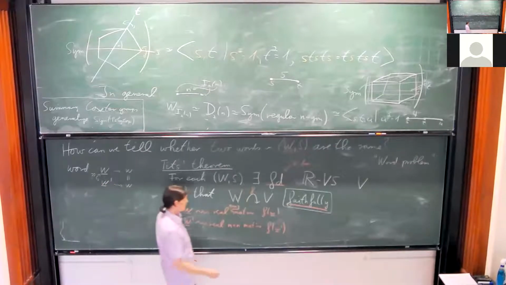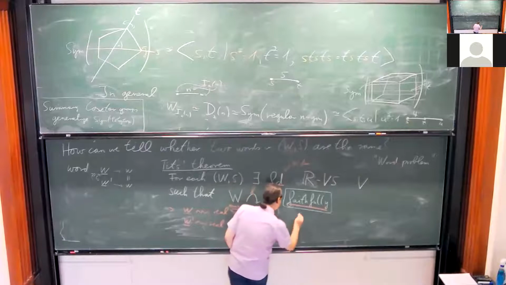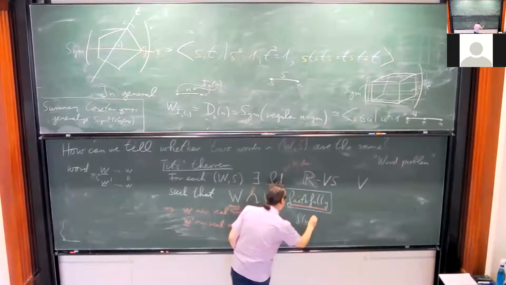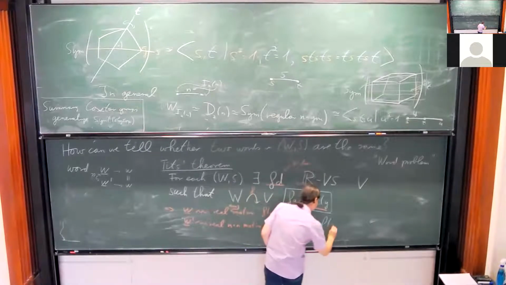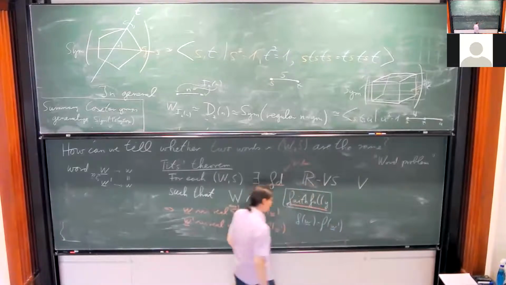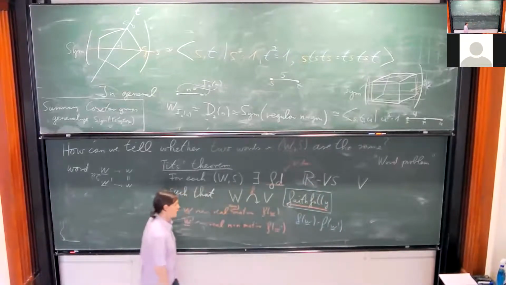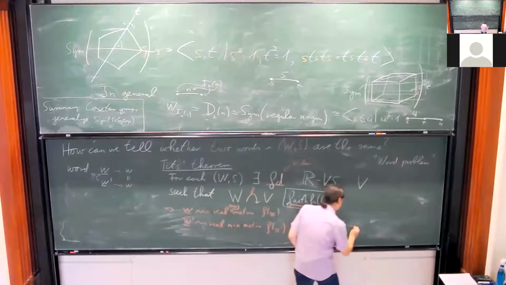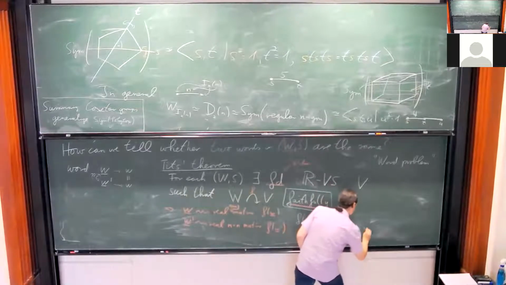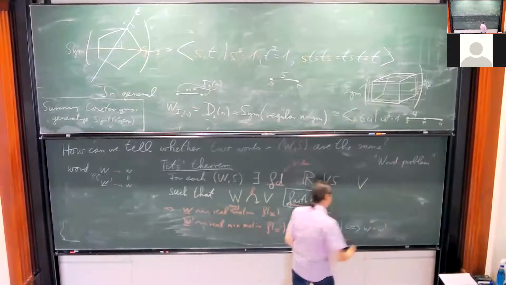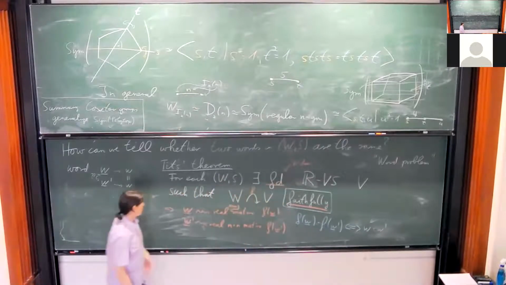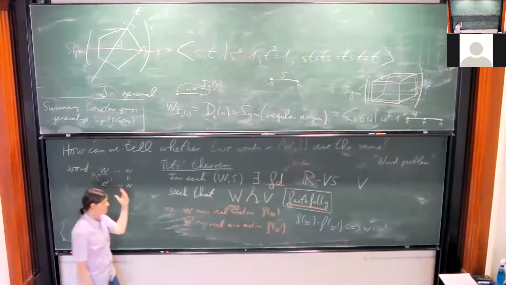It says, faithfully says, okay, f of W underline equals f of W underline prime if and only if W equals W prime. In other words, you want to check whether two words are the same.